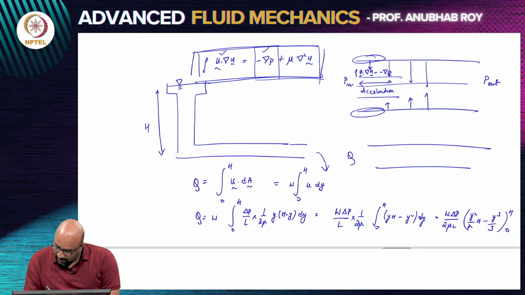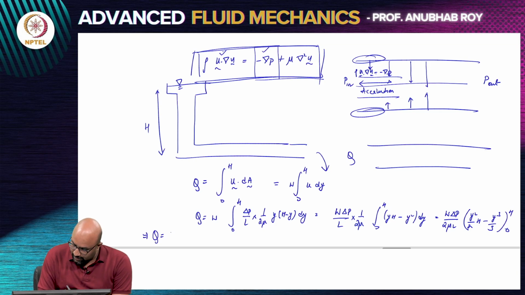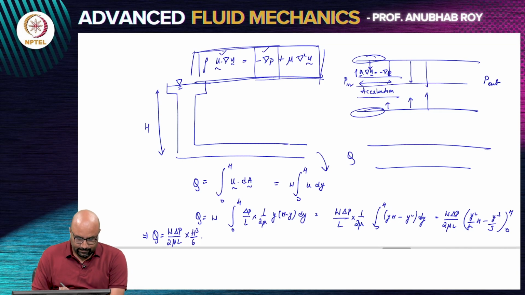So I will have the flow rate as W ΔP by 2 mu L times (h cube by 2 minus h cube by 3). So that is h cube by 6.